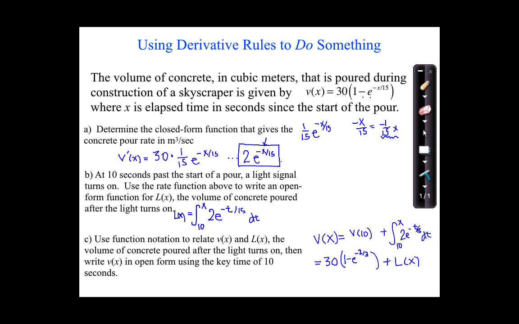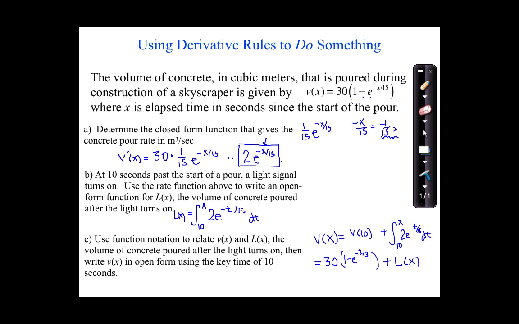I know that it's more because I know that this V of x is an always increasing function. Its derivative is always positive because we're pouring concrete, just context-wise, there's always going to be more after more time has passed, not less. But you can see this derivative is always positive.